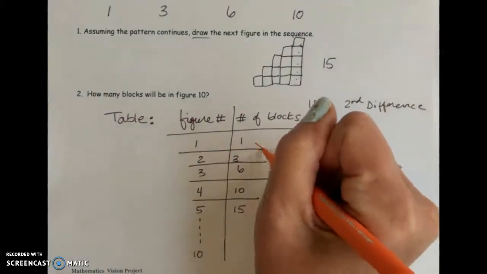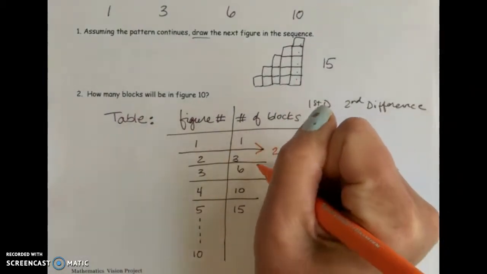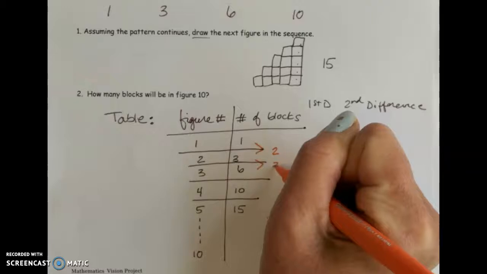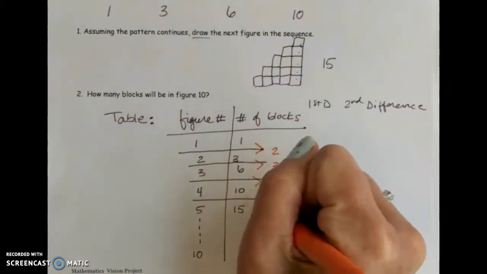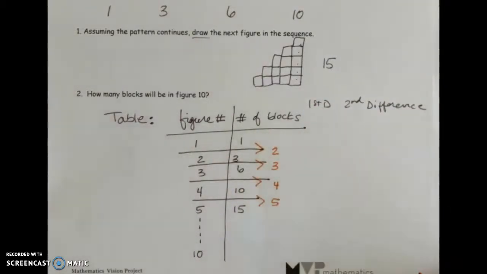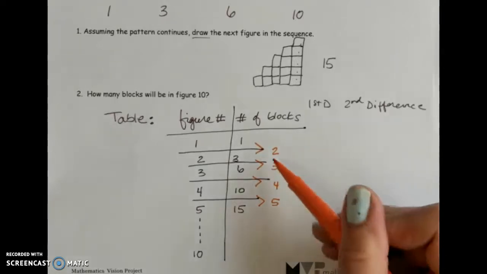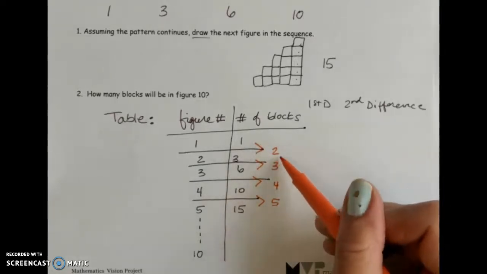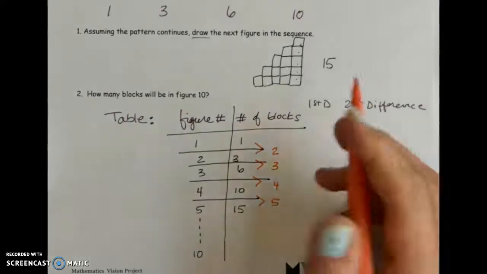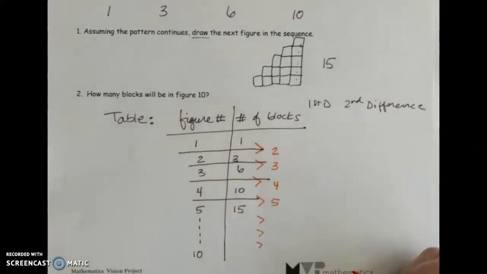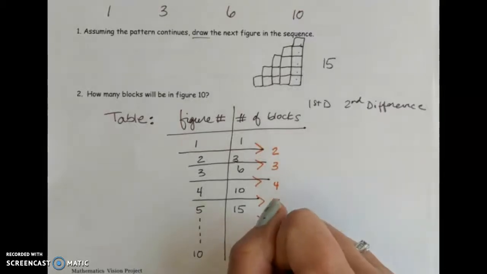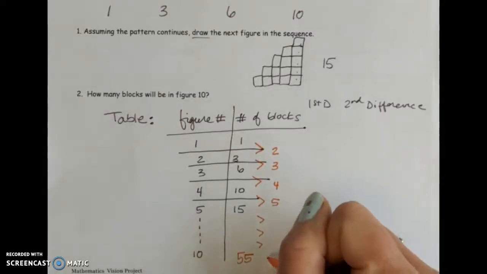Okay, so the difference between 1 and 3 is 2. The difference between 3 and 6 is 3. The difference between 6 and 10 is 4, 10 and 15 is 5, and so on. So what you can see is it goes up by 2, it goes up by 3, 4, 5. So if this pattern continues, 6, 7, 8, 9, 10, etc., we're eventually going to get to 55 blocks.